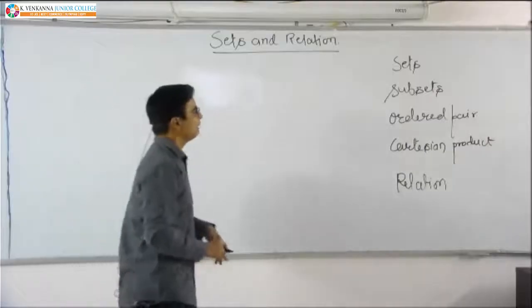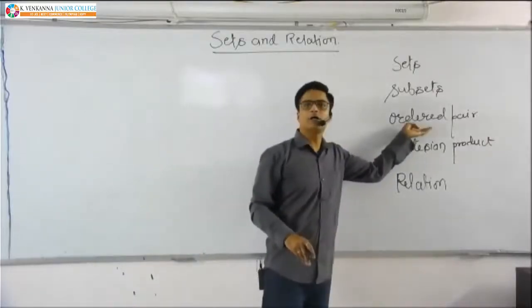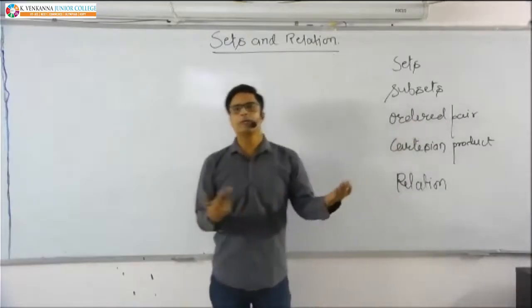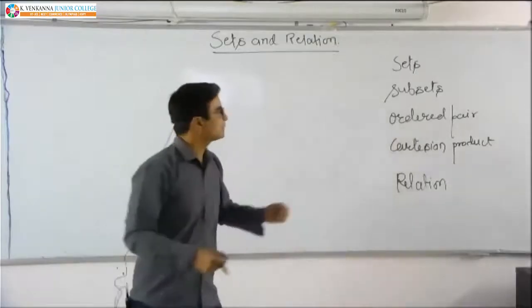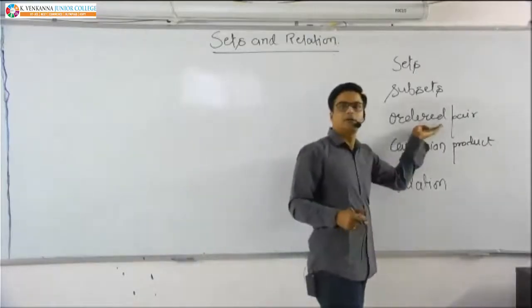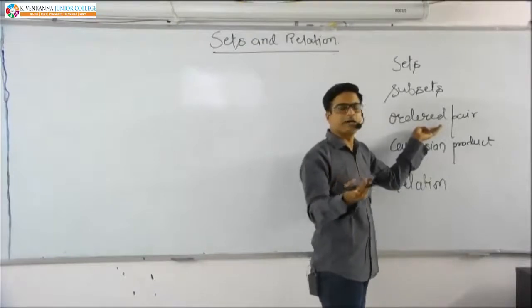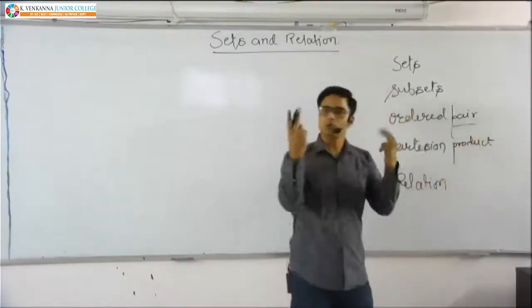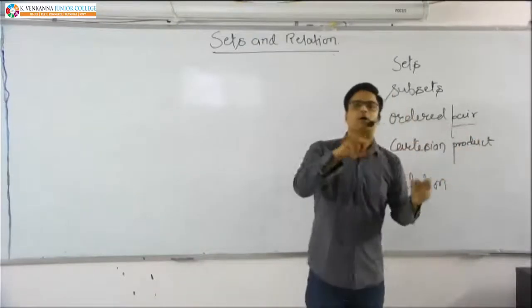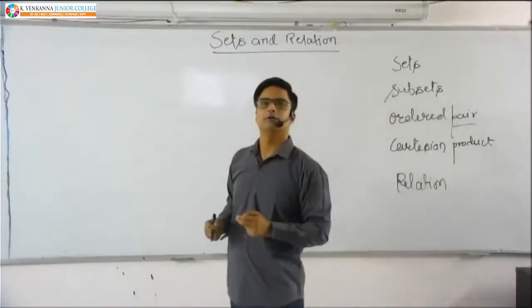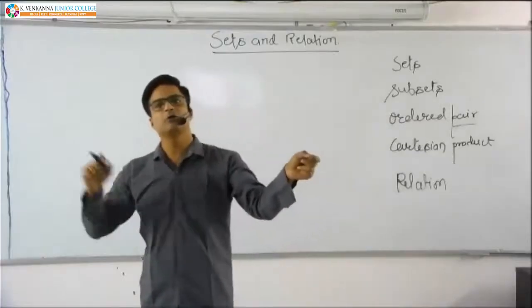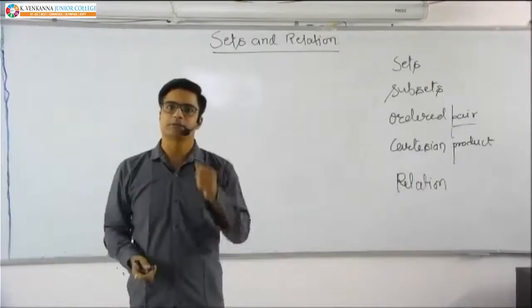After that, we came to ordered pair. Ordered pair, I told you, by the name of the topic itself, you can understand. Pair means two. Ordered means order of appearance matters. Who is coming on the first place, who is coming on the second place, it matters, right?